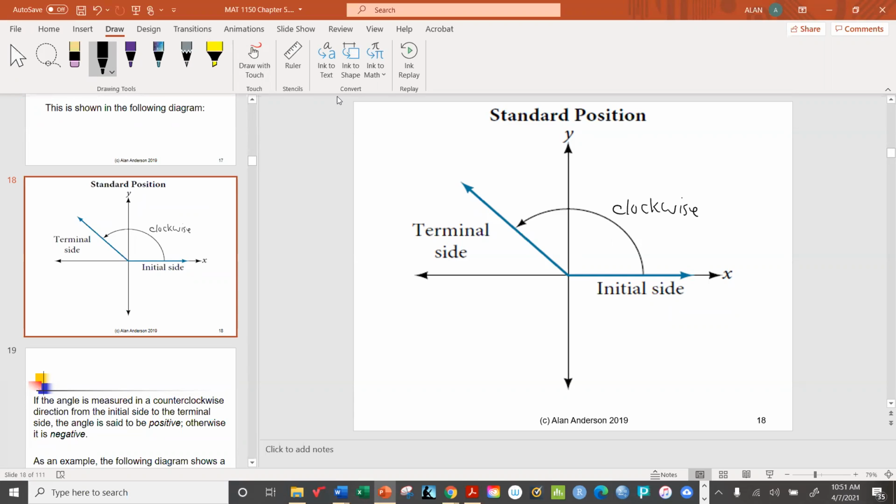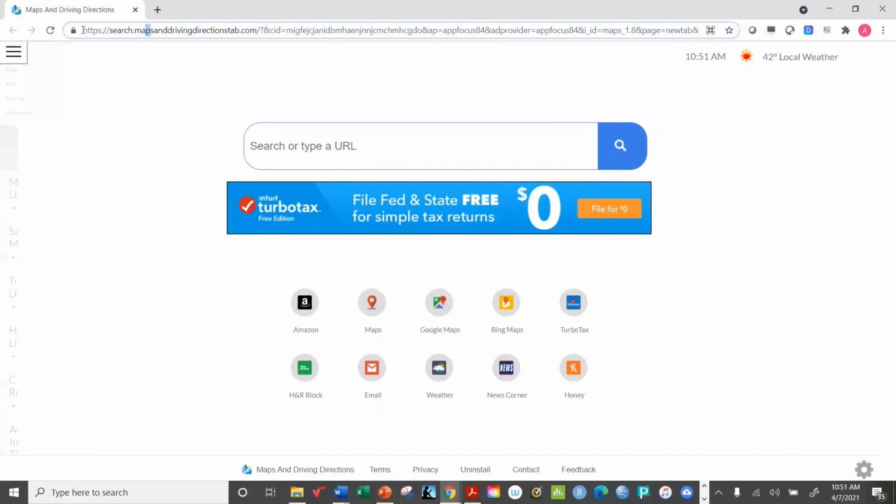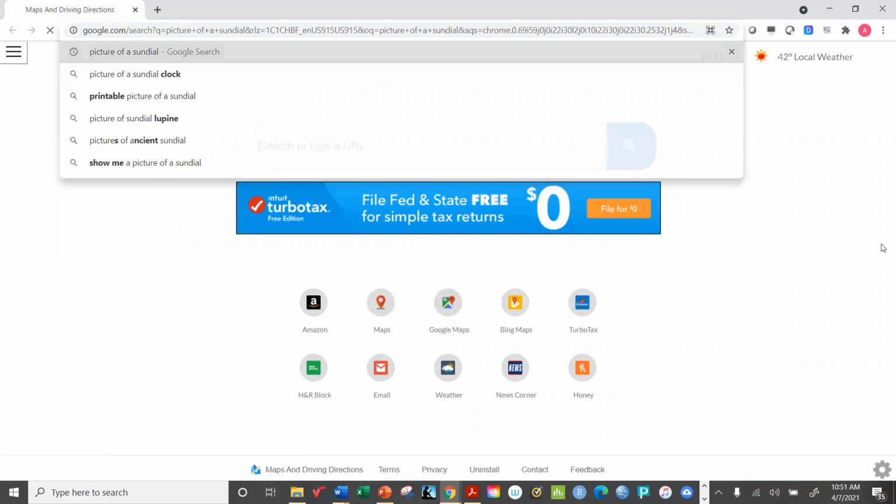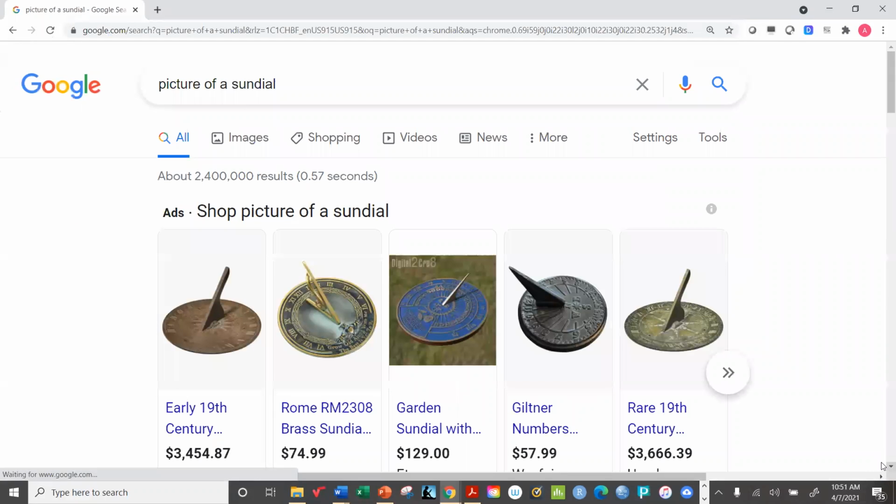So the reason why that direction is considered to be clockwise is very simply, it wasn't just randomly chosen. Because how do we tell time with a sundial?